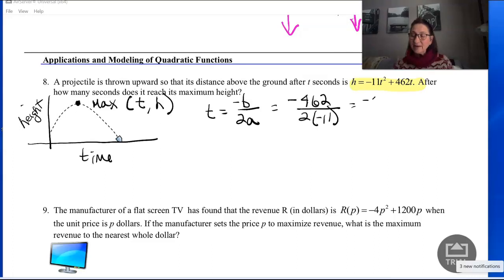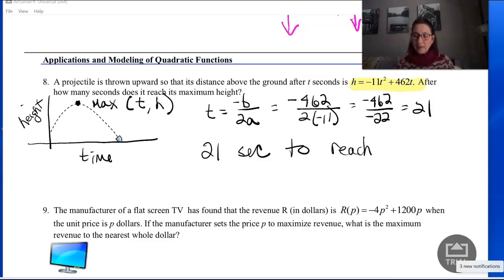And so that's negative 462 over negative 22, which gives me an even positive 21. So what does that mean? It takes 21 seconds to reach the maximum height. And then gravity will pull it down.